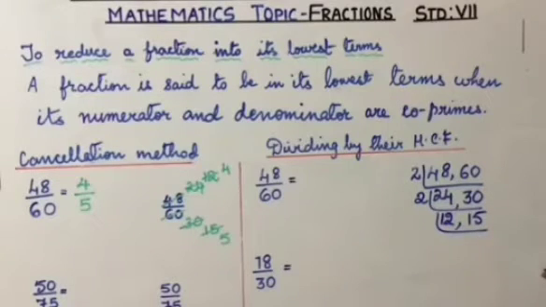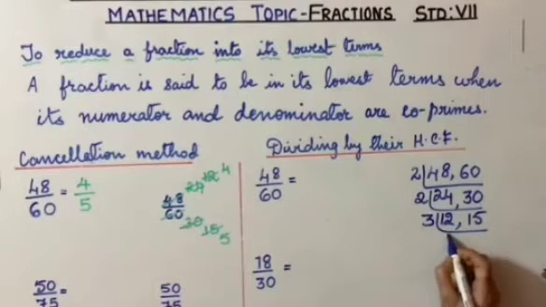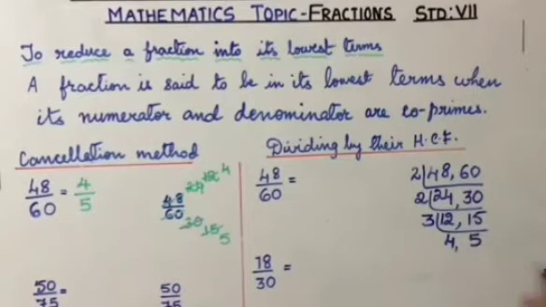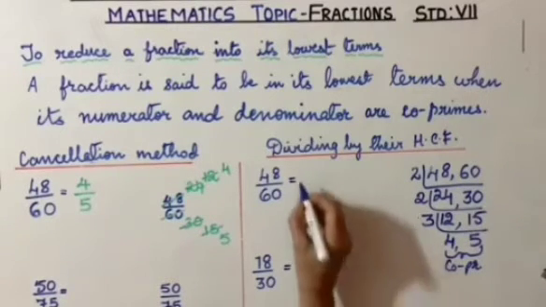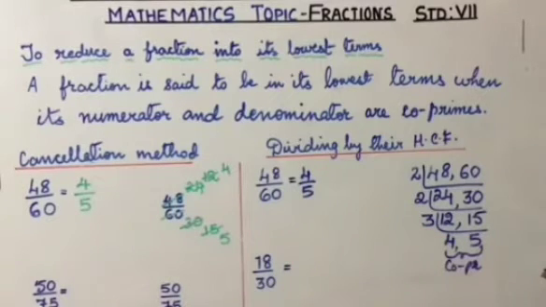Do we stop here? No, because we know 3 divides both of them. 3 4s, 3 5s. Now you cannot go further because these are co-primes. You agree? So here 4 by 5 is the simplest fraction.